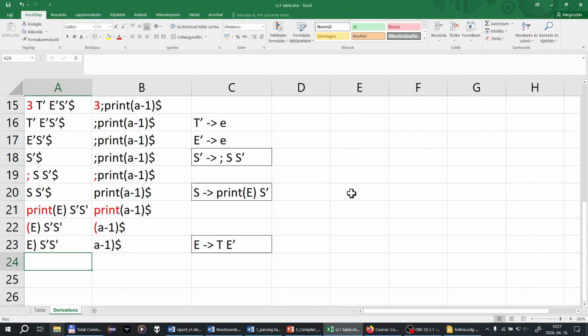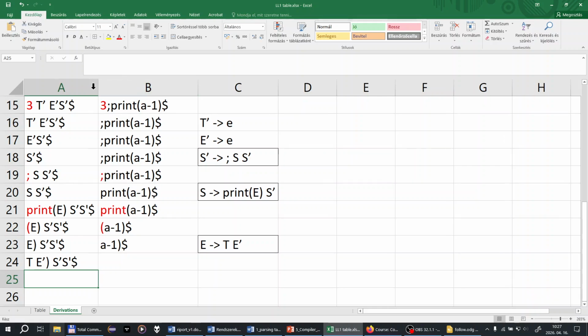So here we have TE prime at the beginning, and then closing bracket S, S prime. Okay, somewhere I lost the dollar, sorry. We have the dollar sign here, dollar sign here, dollar sign here. Okay.